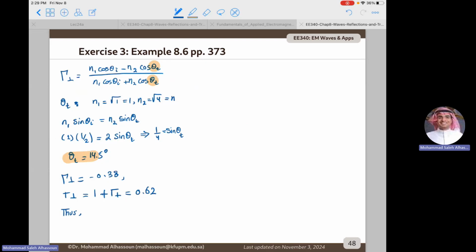So 100 multiplied by minus 0.38 is going to give you minus 38 e to the power minus j pi x minus 1.73 pi z, and the unit is volts per meter.